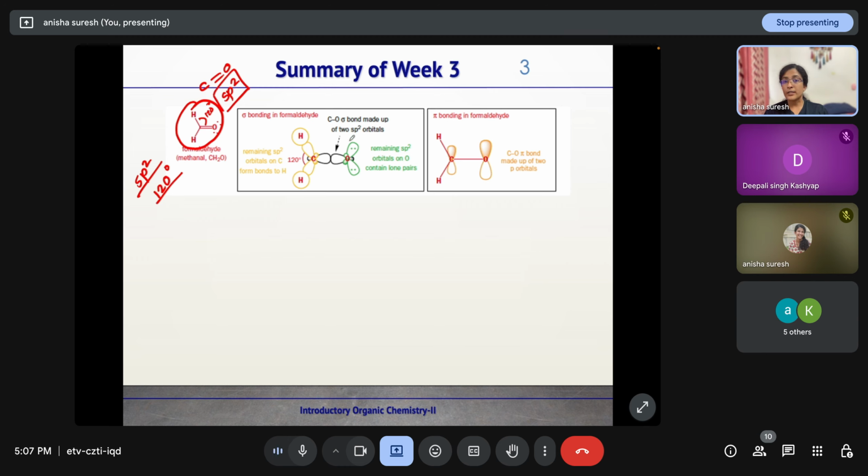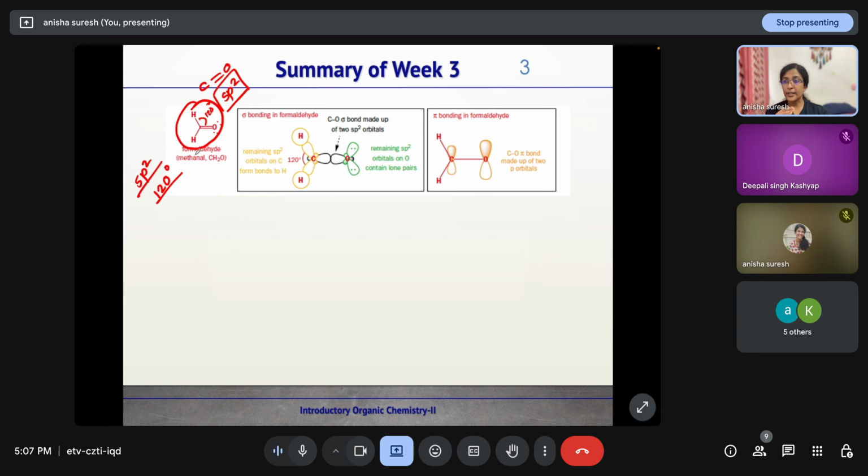So the two remaining sp2 hybridized orbitals of oxygen will incorporate those lone pairs. So this is how the sigma bonding is taking place. First, the sp2 hybridized orbitals of carbon and oxygen overlap, leading to formation of the CO sigma bond.